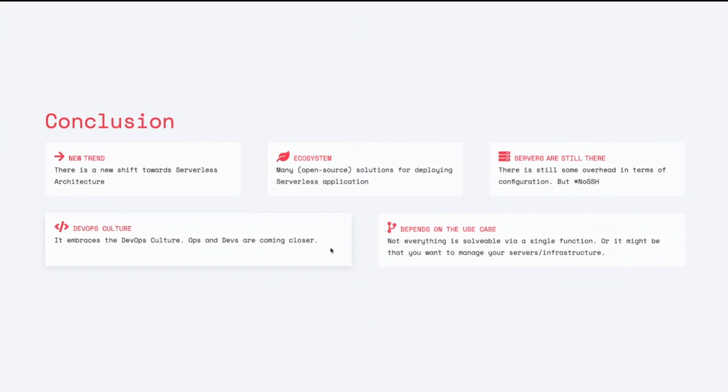With serverless, you have a new DevOps culture. Operational tasks and dev tasks are coming closer, but it depends on the use case. Not everything is solvable via function. For example, I wanted to try a machine learning function using serverless.